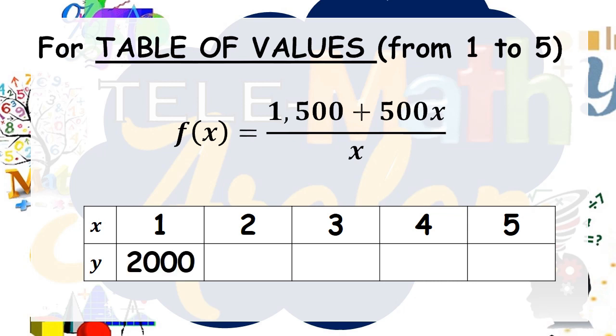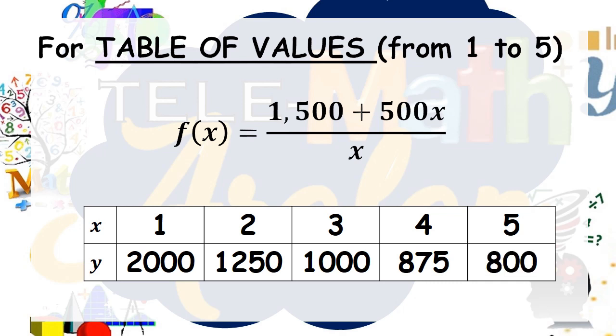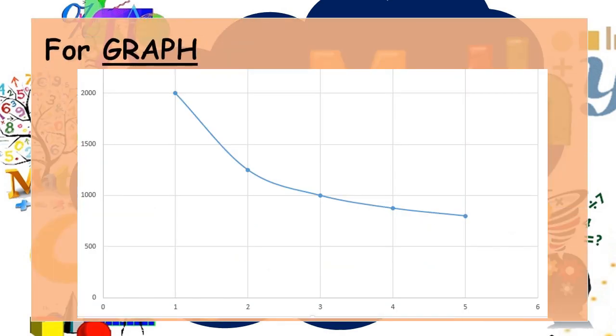Substituting 2 to the formula, we will obtain 1,250. Continuing the process, we obtain 3 as 1,000, 4 as 875, and 5 as 800. And last, for the graph, using a graphing tool like Microsoft Excel or GeoGebra, here is the graph of our rational function problem.